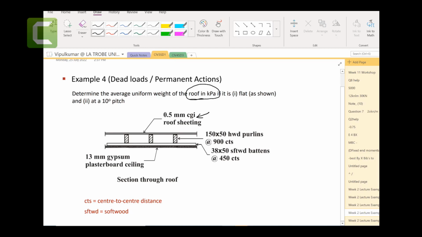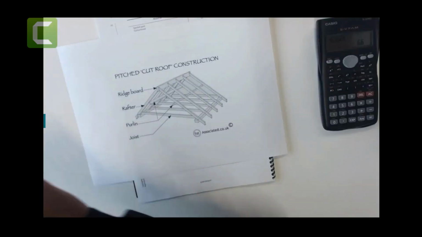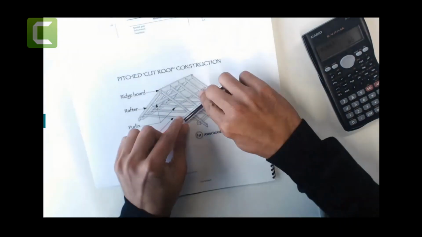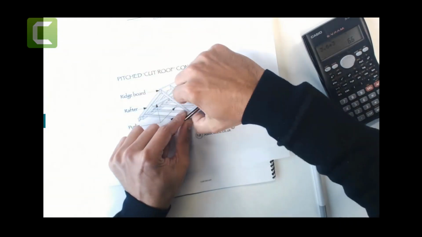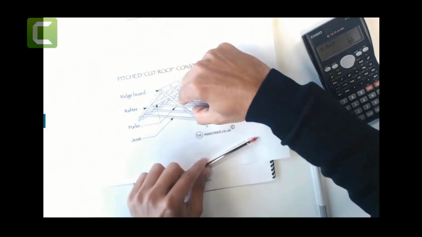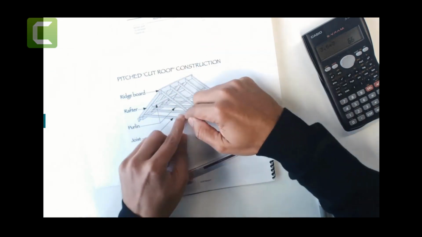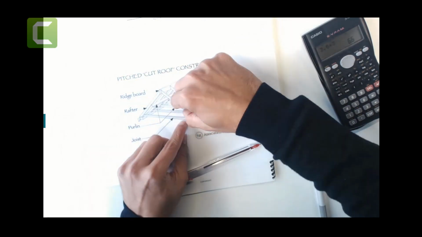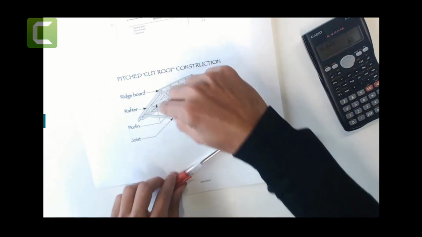You have the purlin cross section, they are timber, hardwood purlins, center to center distance 900. What does it mean? If I have a purlin here, and another purlin here, and another purlin here, then the center to center distance between the purlins is 900 millimeters.